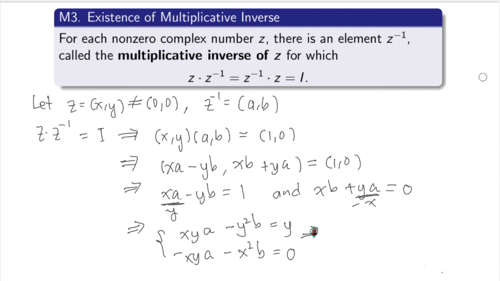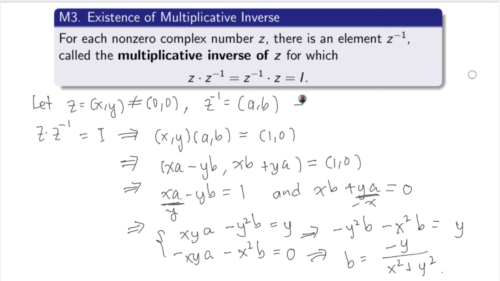Again, adding these two results in negative Y squared B minus X squared B equals Y. Now, if we divide everything by negative X squared minus Y squared, we can solve for B, which is equal to negative Y over X squared plus Y squared. So A is equal to X over X squared plus Y squared and B equals negative Y over X squared plus Y squared.